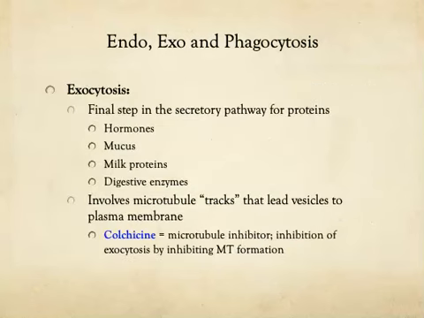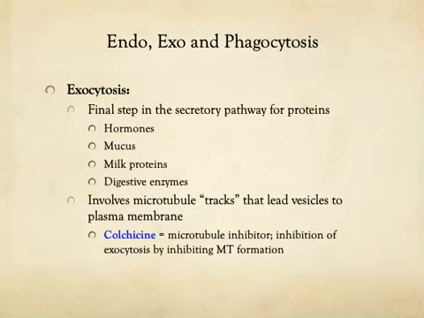Let's take a look at this process known as exocytosis. Exocytosis is the final step in the pathway out of a cell for many secretory proteins. I have a list of some of the most common types of proteins that are routinely secreted from a cell.